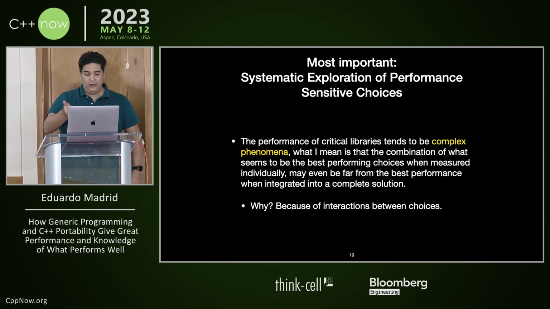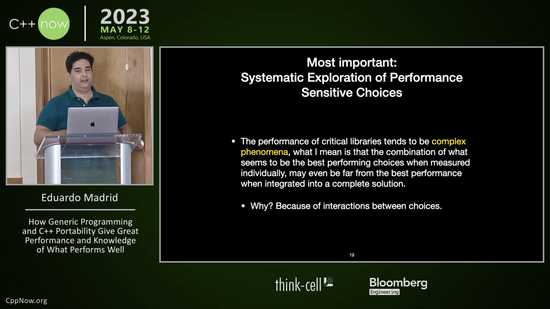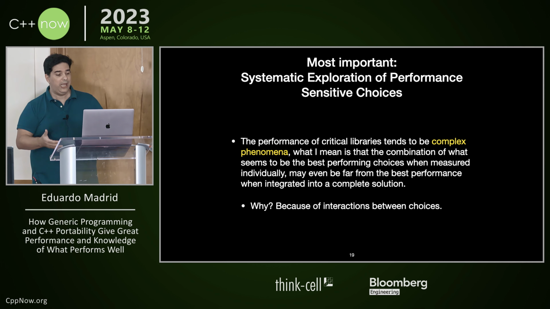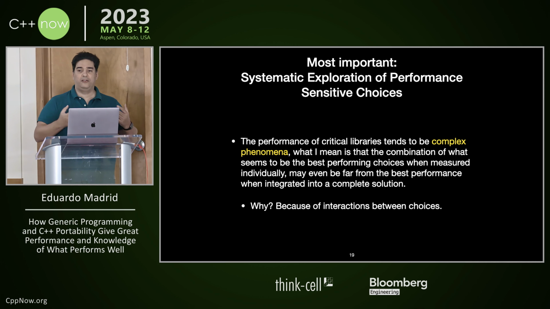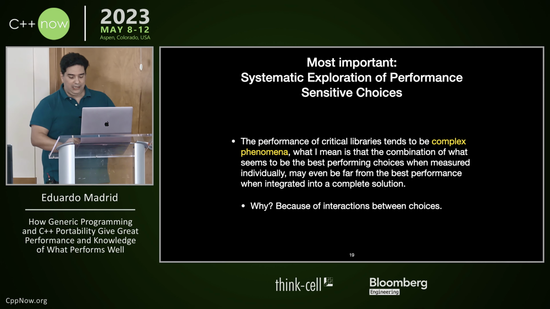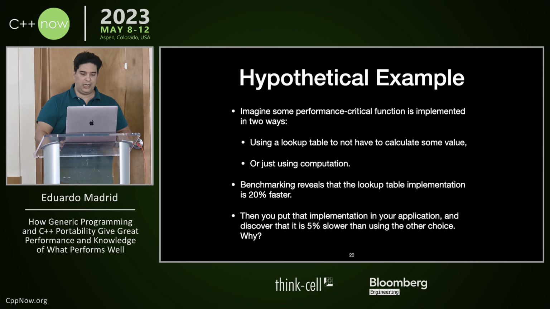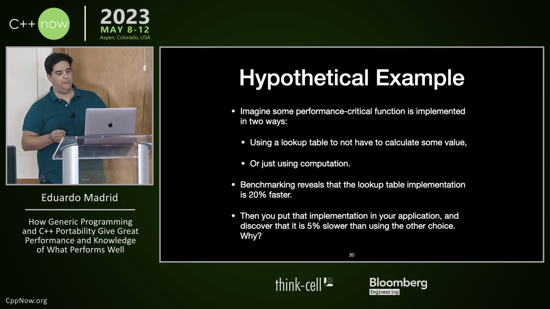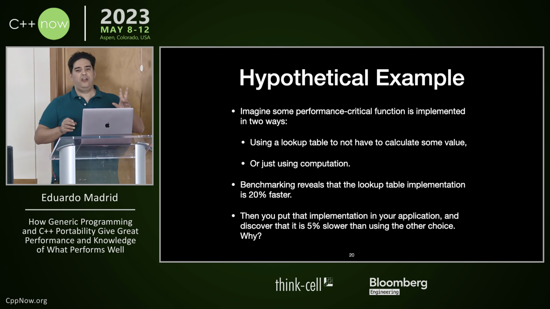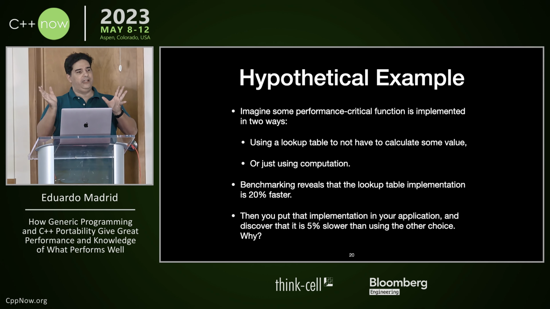And the reason why we don't have that easy composability, why we have that complexity, is because of the interaction between choices. So let's look a little deeper into those interactions. And I'm going to resort to a hypothetical example. Let's say that you have a calculation function, something that has an input that doesn't vary too much.